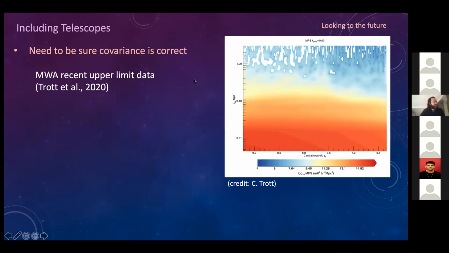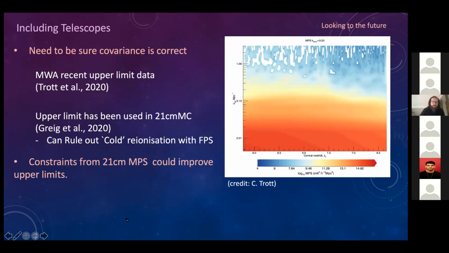Although considering that we don't really have a grasp on how the models move yet, although it is underway, this could be very good at furthering the constraints that people like Brad have done using the Fourier equivalent of this MWA data, which was able to rule out low heating models and cold reionization. But these are set to improve.